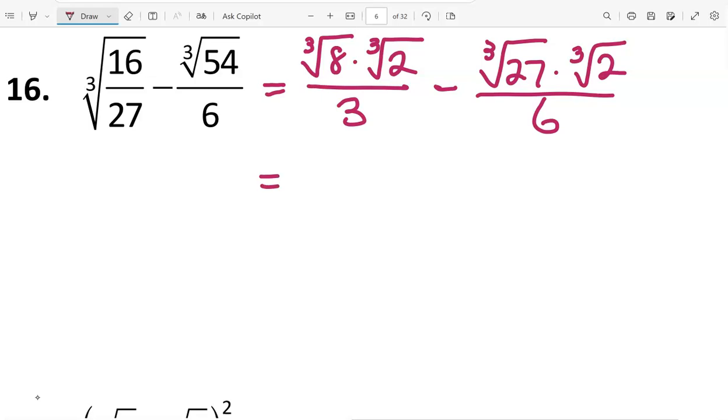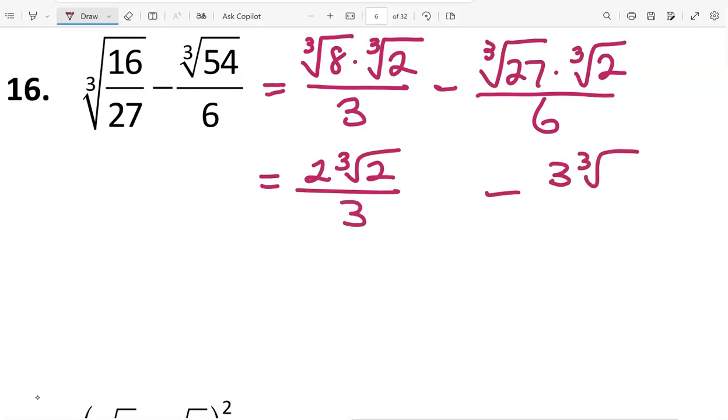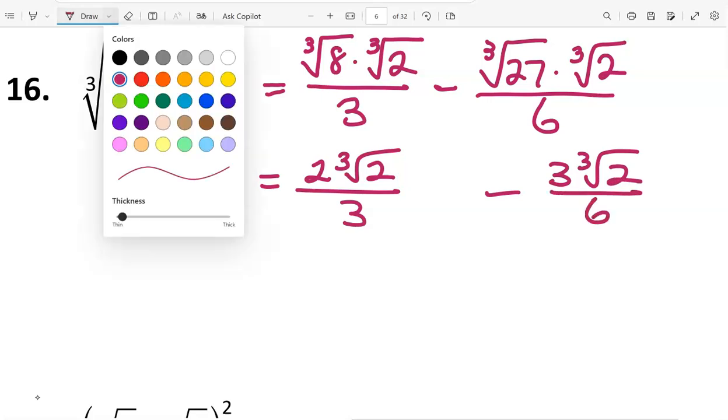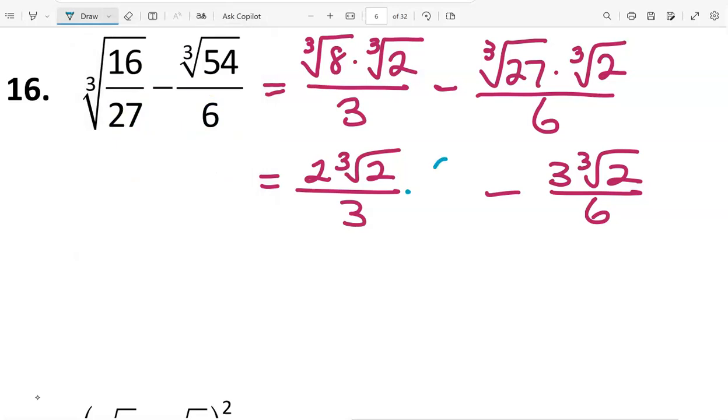All right, so now what do we have? We have 2 times the cube root of 2 over 3 minus 3 times the cube root of 2 over 6. We want a common denominator here, so I'm going to multiply this one by 2 over 2.